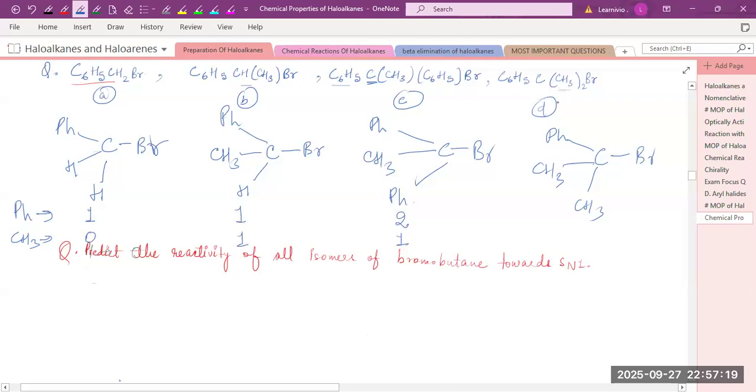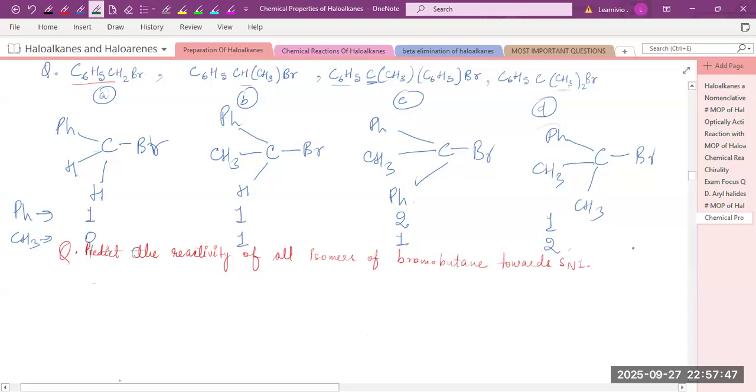And in D, you can see one phenyl but two methyl. Now, how will you check the reactivity? You know very well. See this point. The more benzyl groups on the carbocation, the more will be the reactivity towards SN1.